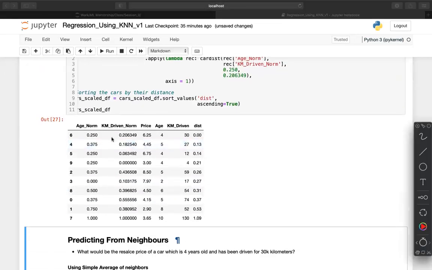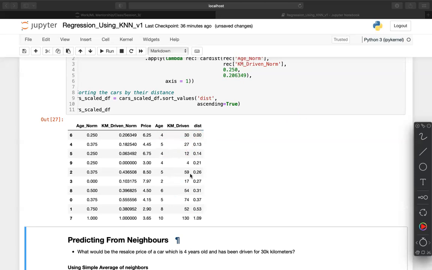So if you see here, the car which is 4 years old and has been driven 30,000 kilometers has a distance of 0 with this car, because this has exactly the same attributes. And the next nearer cars are 5 years old with 27,000 kilometers driven, 4 years old with 12,000 kilometers driven, and so on and so forth.